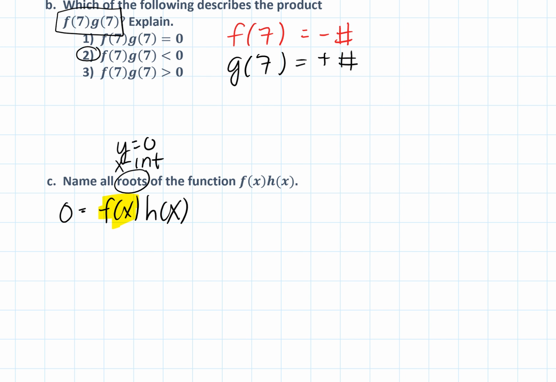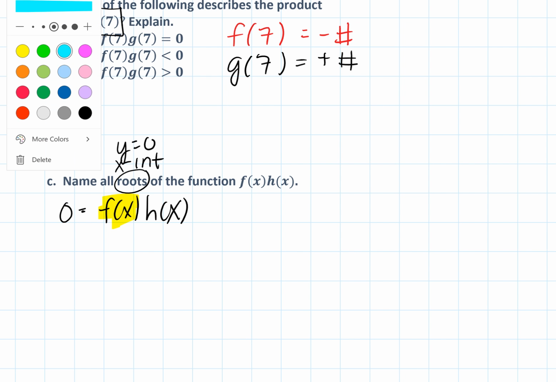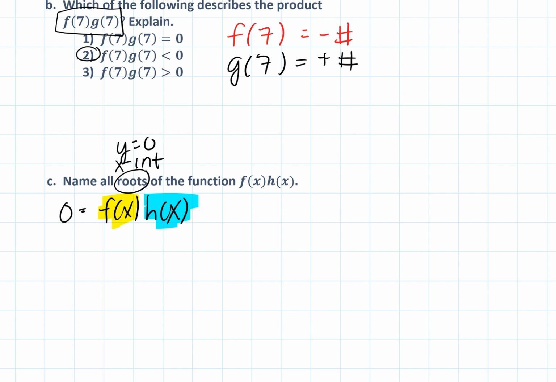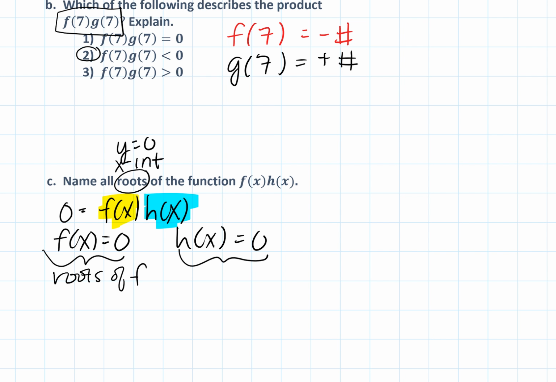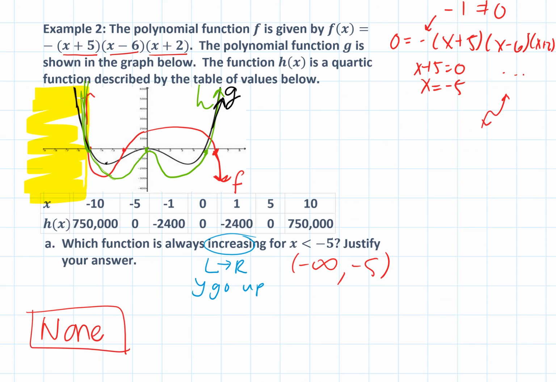We have some function times another function is 0, and that can only be true where one of these functions itself is 0, because 0 times anything is 0. So these are the roots of f, and these are the roots of h, right? Where are h's y value 0? Where are f's y value 0? Well, let's take a look.